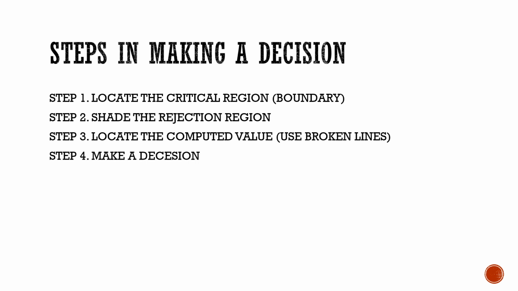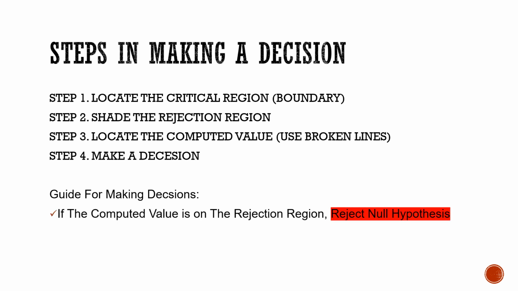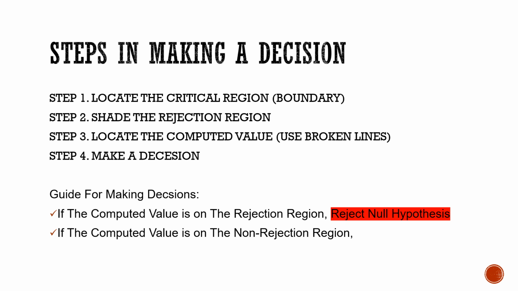And step number four, we are going to make a decision. This will be our guide for making decisions. If the computed value is in the rejection region, our decision is to reject the null hypothesis. If the computed value is in the non-rejection region, our decision is we fail to reject the null hypothesis.